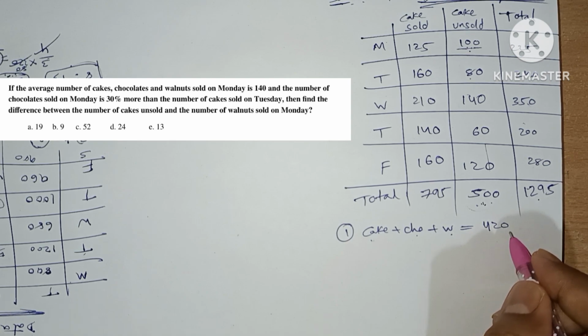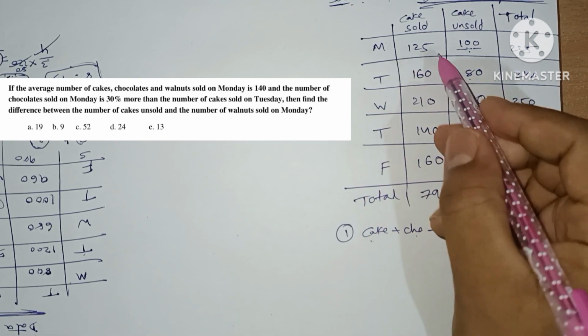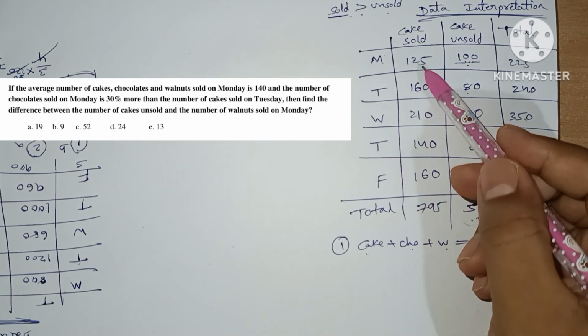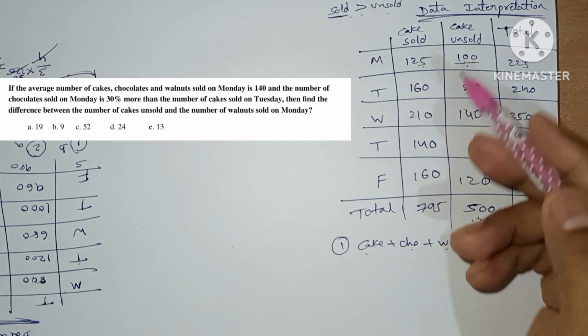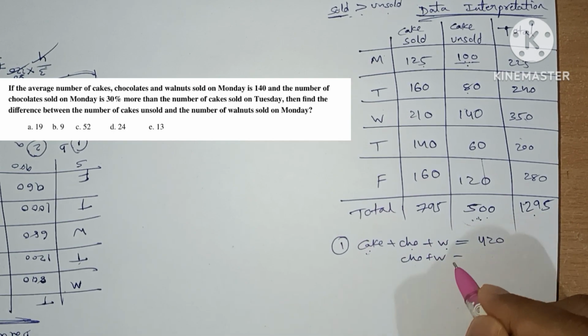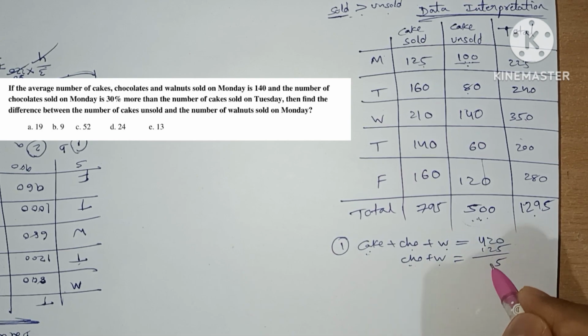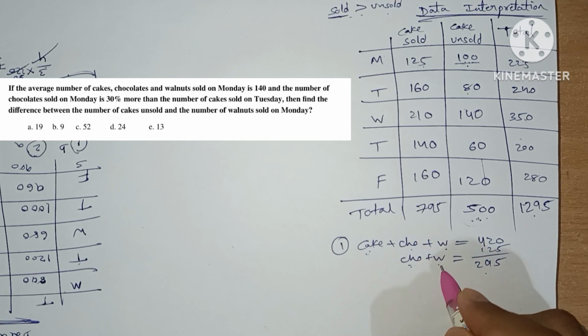We already have that cakes sold on Monday is 125. Removing it from 420, we get the value of chocolate plus walnut, which will be 295. 295 is the chocolate sold and walnut sold together.